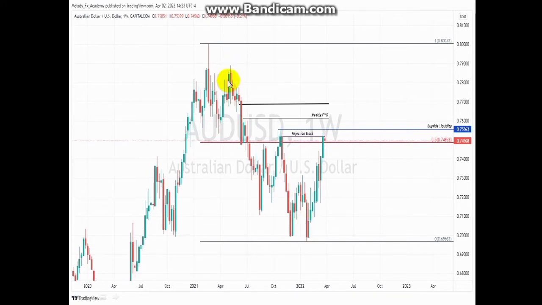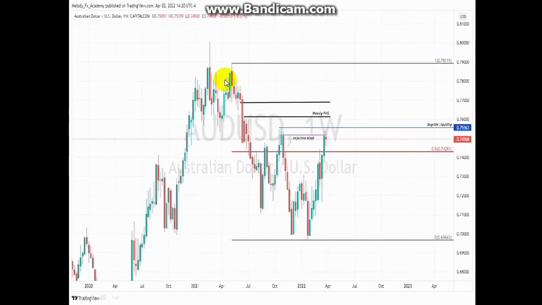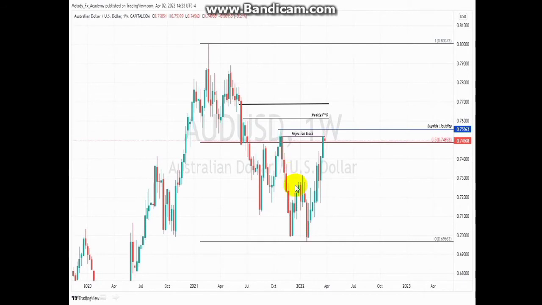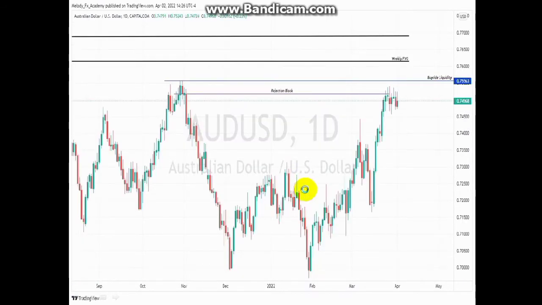Viewing this price leg as a single price leg, you can also take note of the trading range high and trading range low, but I'm looking at the range from this high to this low, which is the previous swing. Either one you look at it from is okay. You can see that in both, we are still above equilibrium.